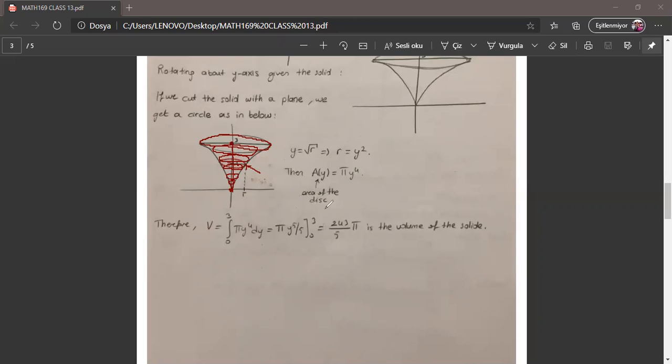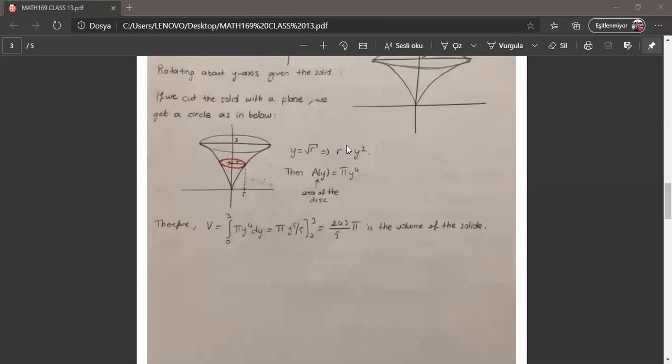So this was for some fixed y. When you change y, you will get the area of that circle. So here we have these boundaries, 0 and 3, right? And the remaining part is easy. You know how to integrate.